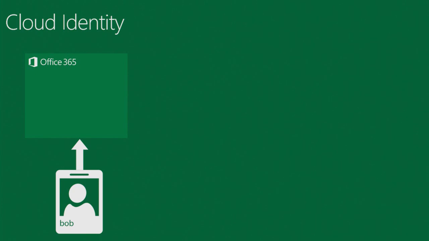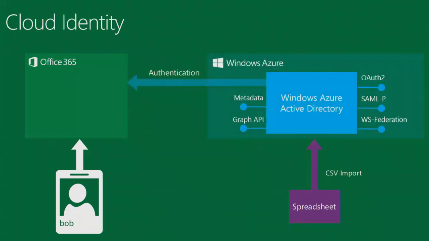So when you think about you or Bob logging into Office 365, it's pretty simple. You can create users directly from the admin portal, or you can do it from a CSV import. Say you have a pilot of 25 to 200 users. It's really easy to create that import, and then you get them going right away into the service.